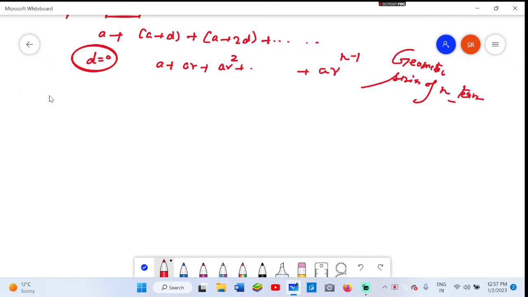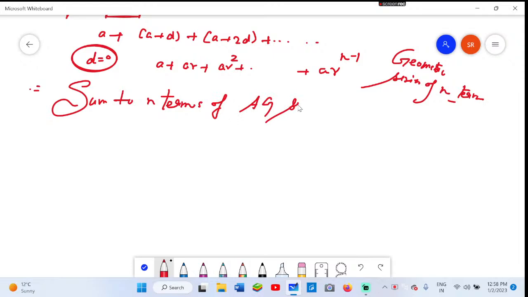Now we move to the next subheading of discussion. It is sum of n terms of AG series. We should write sum to n terms of AG series. What is Sn?